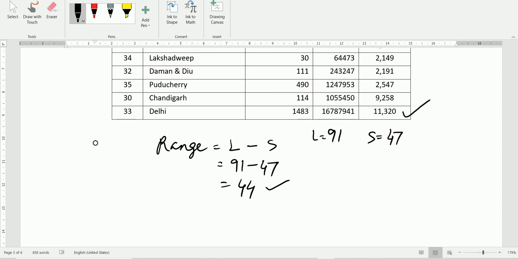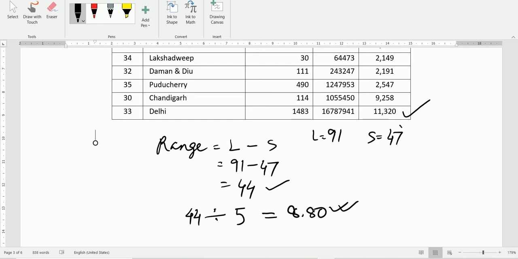After finding out the range, this value 44 is to be divided by the number of categories. If you want 5 categories, then 44 divided by 5, you will get 8.80. So this is the class interval, or the class width, of each category.